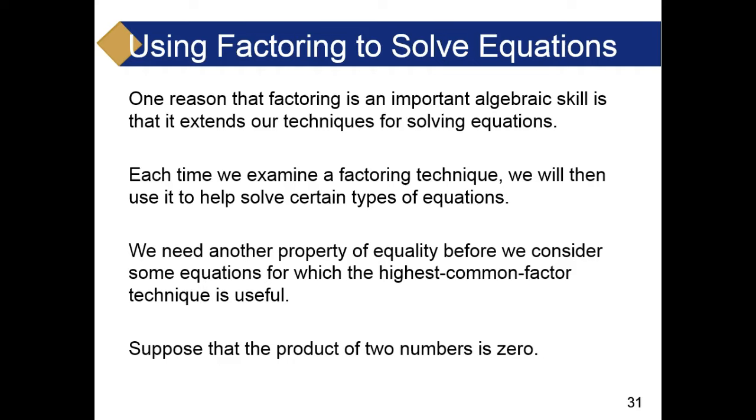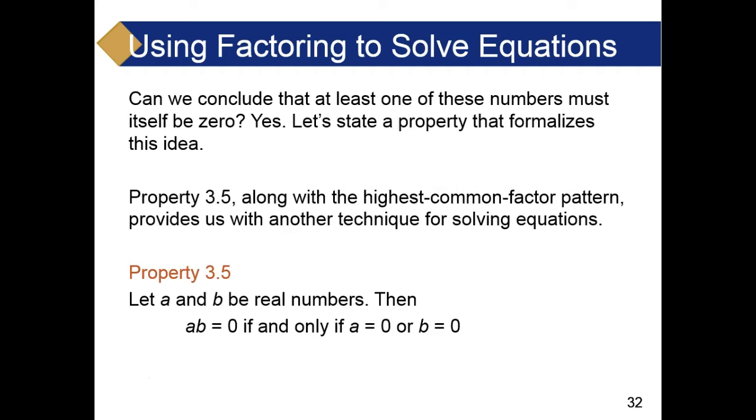There's no other number in the world that's the case except 0. You thought 0 was a bunch of nothing. It's got a pretty important property there. Okay? Can we conclude that at least one of those numbers must itself be 0? Absolutely. Let's state a property that formalizes that, along with property 3.5, along with the highest common factor pattern, provides us with another technique for solving equations.